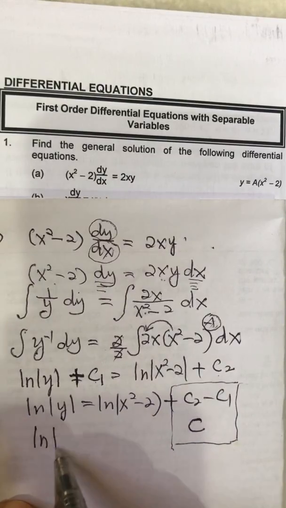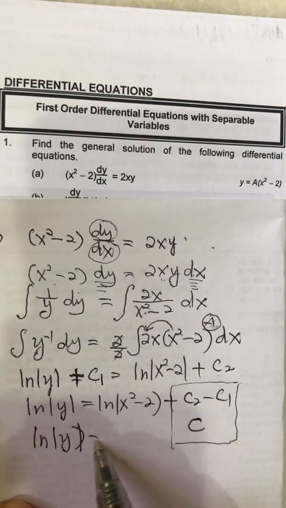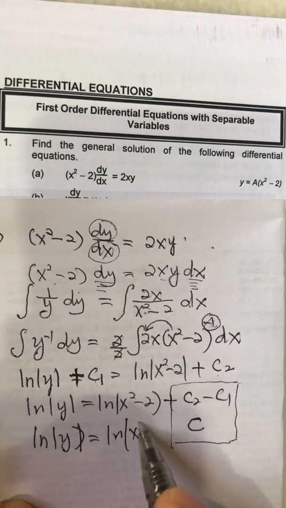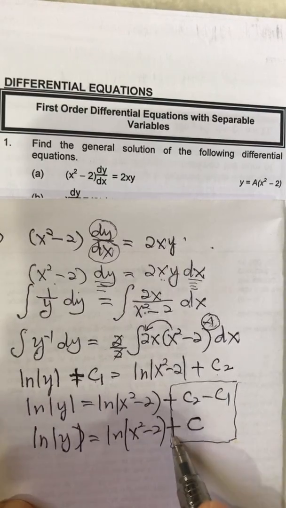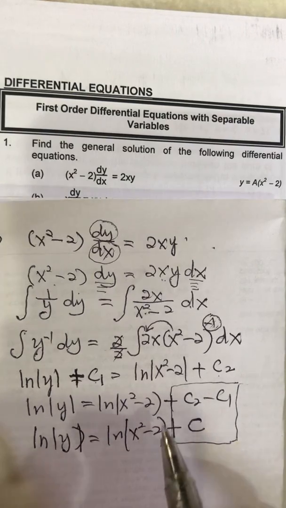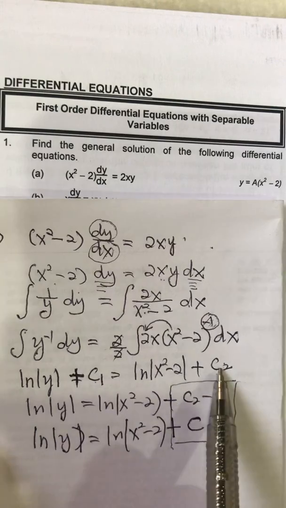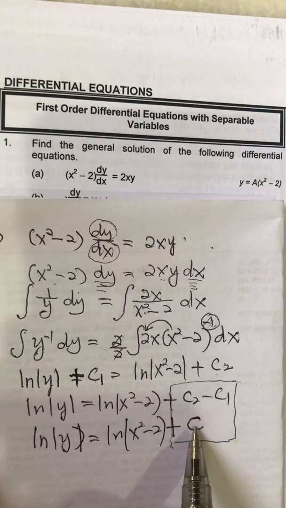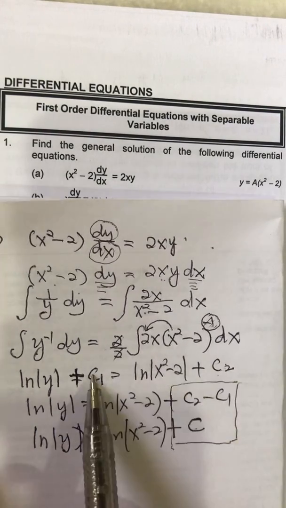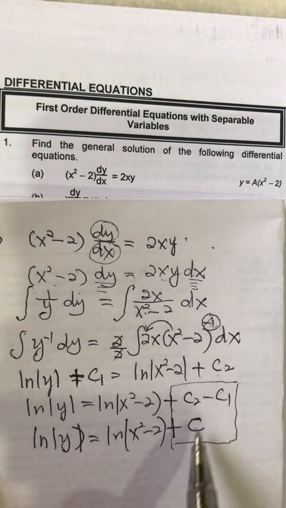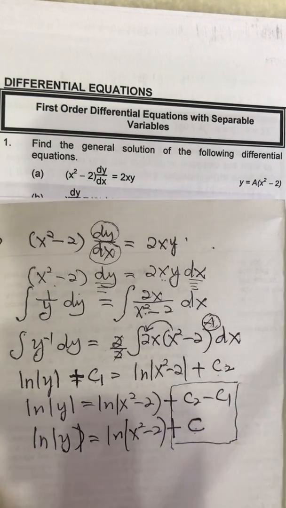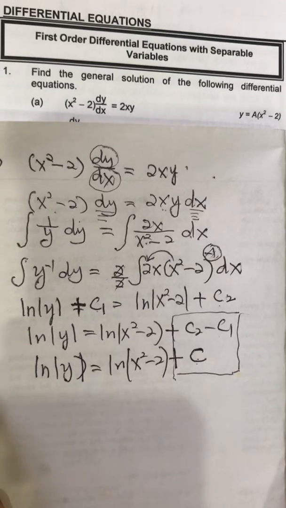So you have ln y equals ln of x squared minus 2 plus c. Next time when we integrate, we don't have to write two constants like this. One constant is enough, because we bring them together and when they minus, you will get another constant.